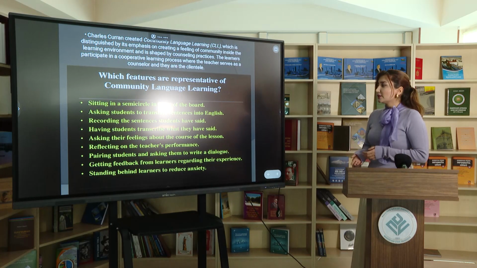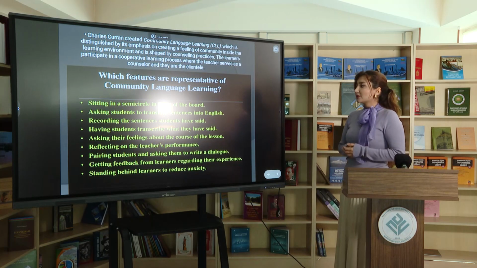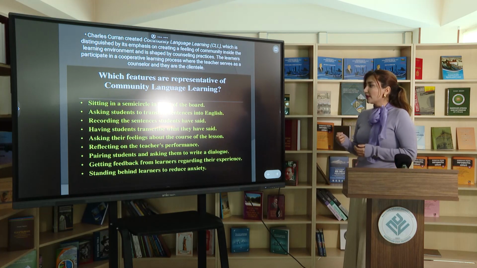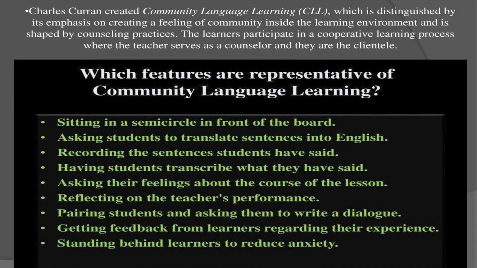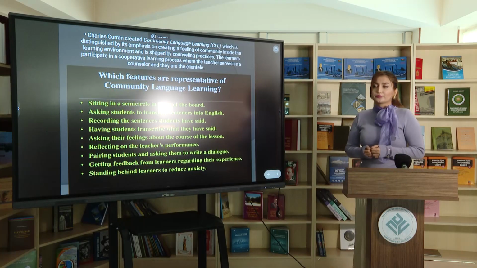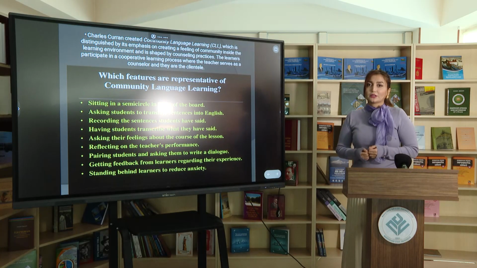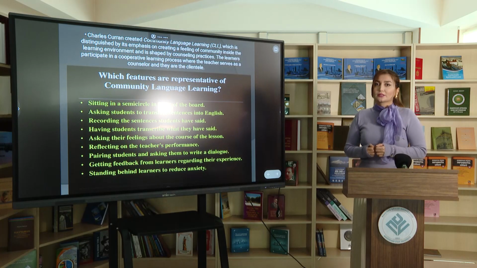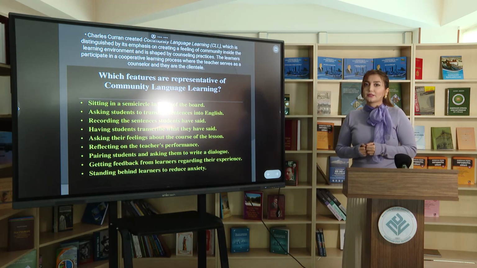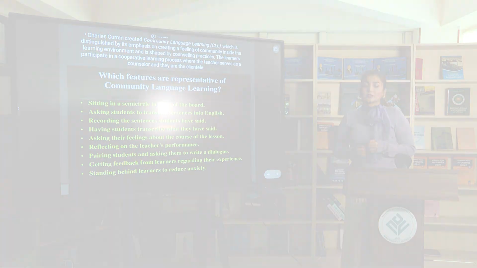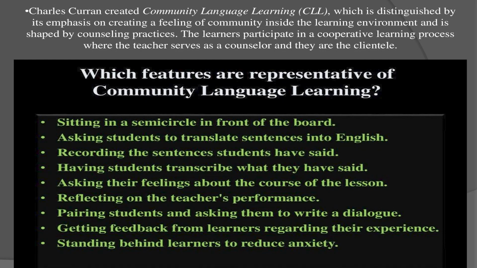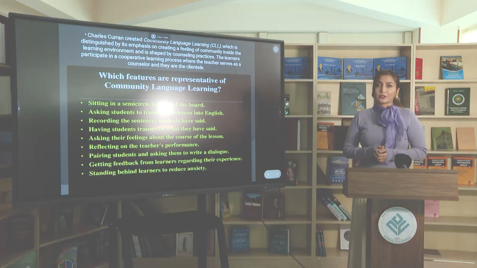And recording the sentences students have said, having students transcribe what they have said, asking their feelings about the course of the lesson. All of them were aimed to remove any psychological obstacles and prepare students' mental states or sentiments about the learning process.